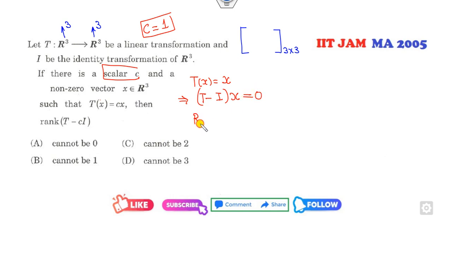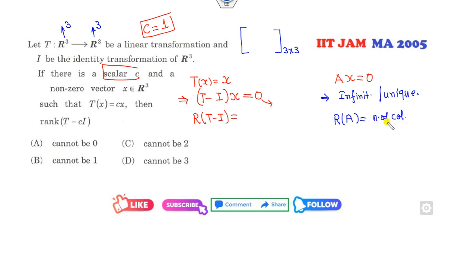Then your target is to find the rank of this. So clearly this has a 0. When the system AX equals 0, that means it has infinitely many solutions or a unique solution. Fine. A unique solution is only when the rank of A is the number of column vectors of A, and if the rank of A is not equal to the number of column vectors, then you have infinitely many solutions.